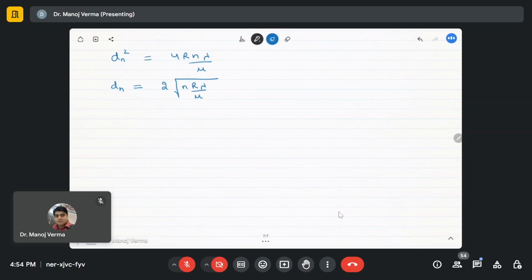Right. So I want to show you something from this relation. Dn square by 4r is equal to n lambda by mu. I have taken out Dn in terms of the other parameters. Now if I start inserting the values n is equal to 1, 2, 3, 4, then for n equal to 1, I get 2 root of r lambda by mu.